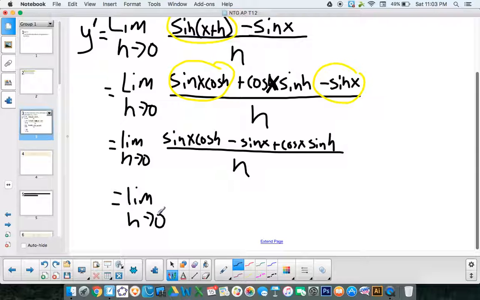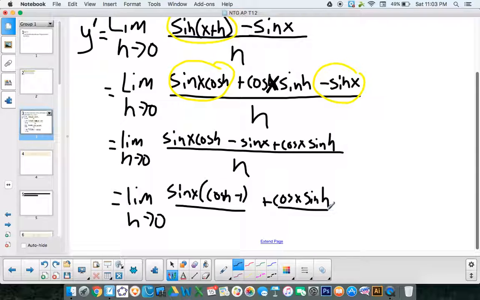So I'm going to factor out the sine of x. I'm left with cosine of h minus 1 plus cosine of x sine of h. Now I'm going to use that fraction trick where I split the fraction into two fractions with a common denominator.